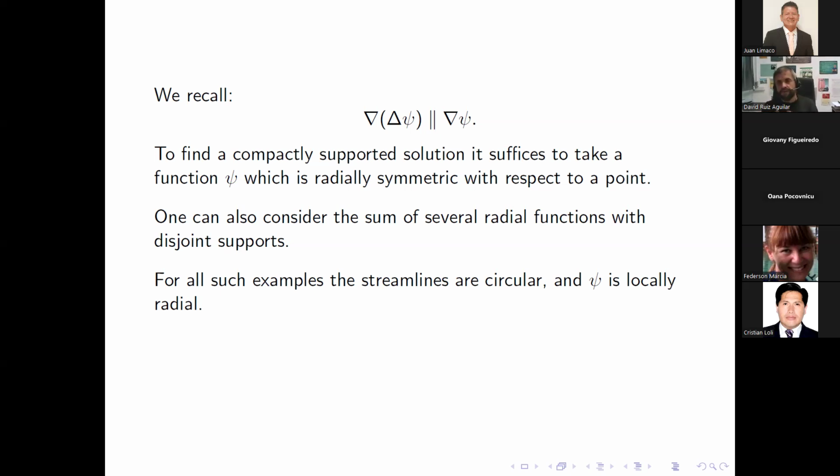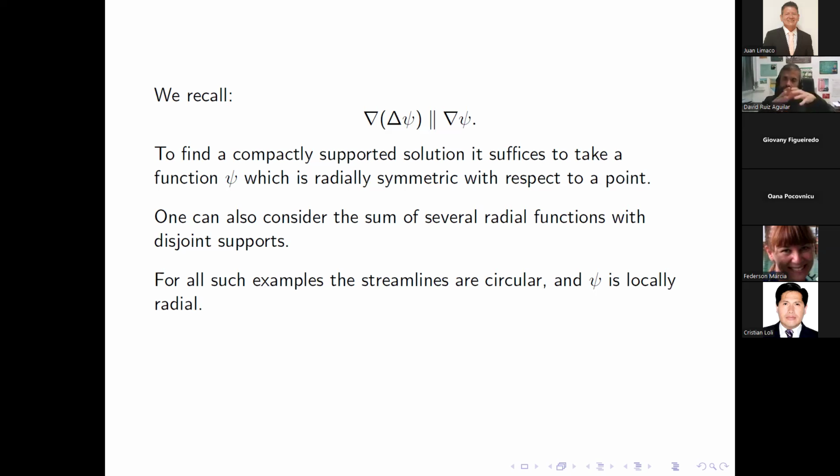So the gradients are parallel. Any radially symmetric function you can think of is a solution of 2D Euler. In particular, you can take C infinity compactly supported functions which are radially symmetric. So you have plenty of solutions with compact support.